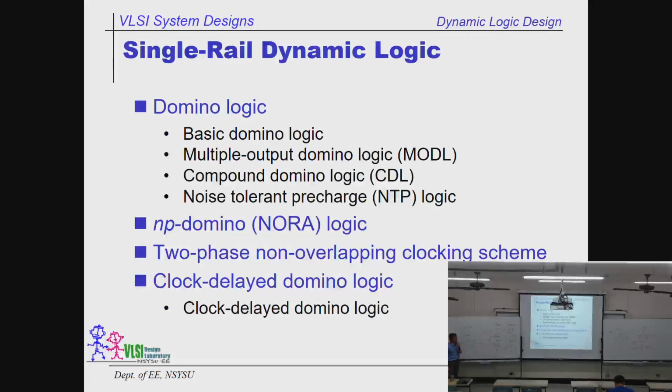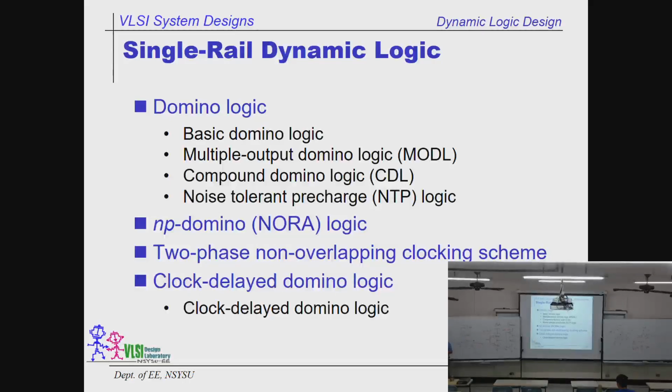Okay, so there are several types of single rail dynamic logic. The most important one is domino. There are several types: basic domino, multiple output domino, MODL, compound domino, or noise tolerant pre-charged logic. Because time is not a luxury we have, we might be able to cover the domino logic, maybe MP domino, MP NORA.